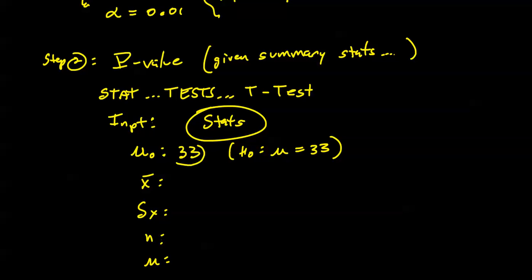So I put in a 33 for that mu sub 0, that TI code for H sub 0 entry. The sample mean was given to us in summary statistics, 35.9. Cap Sx, remember, that's the TI code for your sample standard deviation, and that was given to us in the problem statement. The sample size is 82.